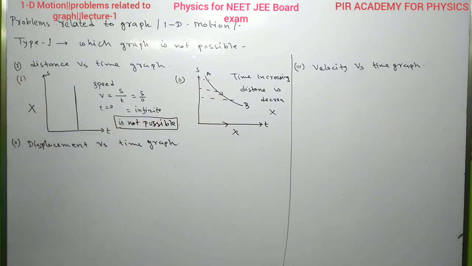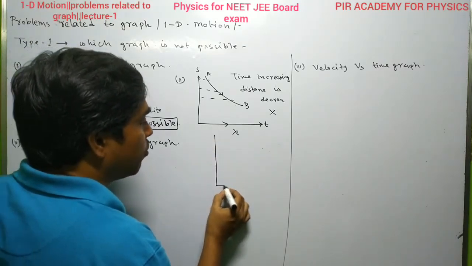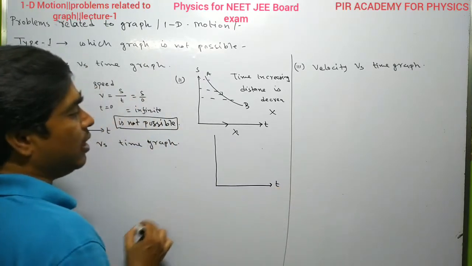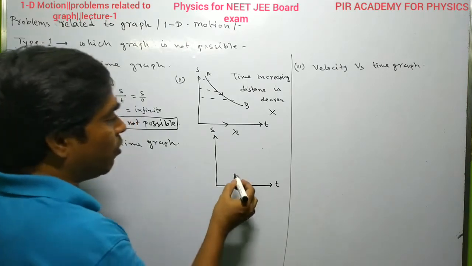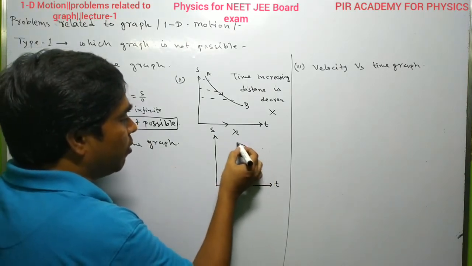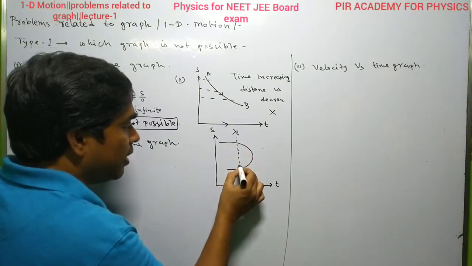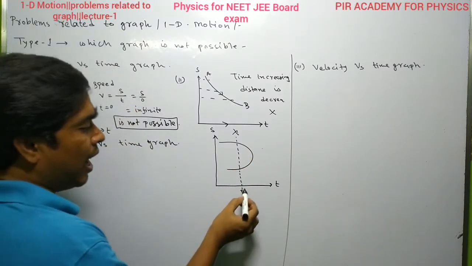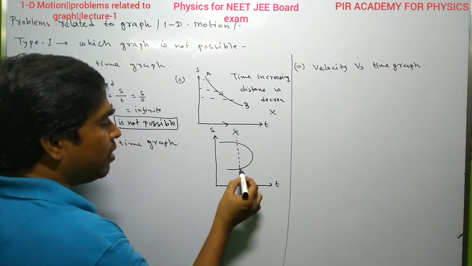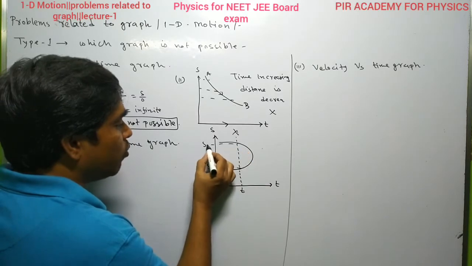Another one: suppose here is t and here is distance s, and if I draw like this, then suppose this is the point. At an instant of time, the particle has two positions, that means here is S1, here is S2.